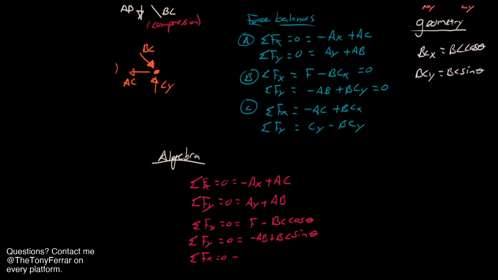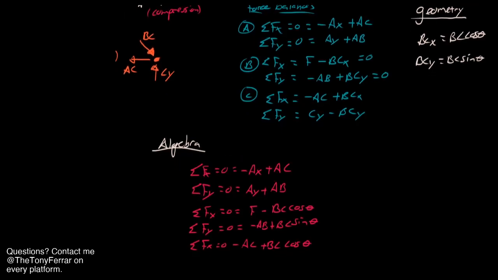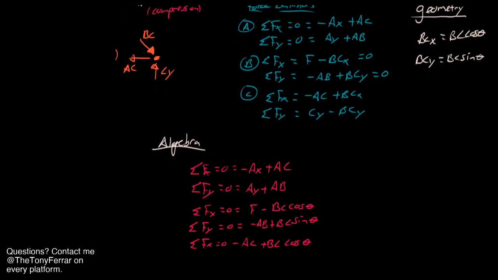That's going to be minus AC plus, and now we get to do another substitution, BC cosine theta. And sum of Fy equals 0 equals Cy minus, and BCy gets a substitution, BC sine theta. So what did I do? I wrote the force balance at each joint. I did the geometry needed to break it into components, and now here we are.